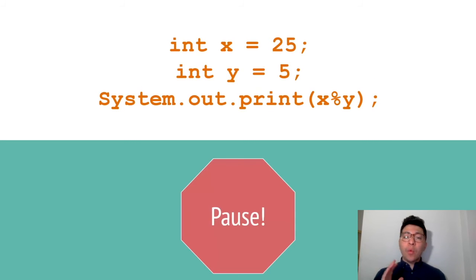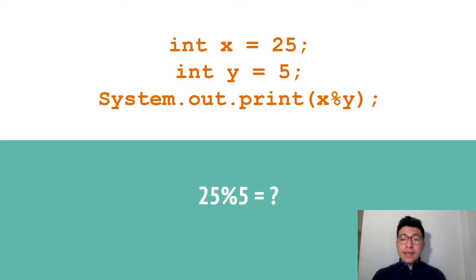All right, let's try one last example here, a little bit more complex in Java, but go ahead and pause the video and try this one out. All right, so a little bit more complex. Now we have 2 variables that we're trying to do the modulus from. So if I have my x equals 25, my y equals 5, and I do x mod y, it's essentially asking us, what is 25 mod 5?